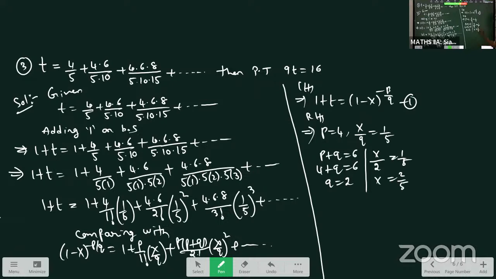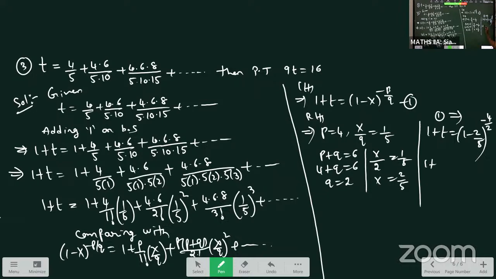Go to equation 1 and substitute. What is equation 1? 1 plus t is equal to 1 minus 2 by 5 to the power minus p by q. The p value is 4 and the q value is 2.